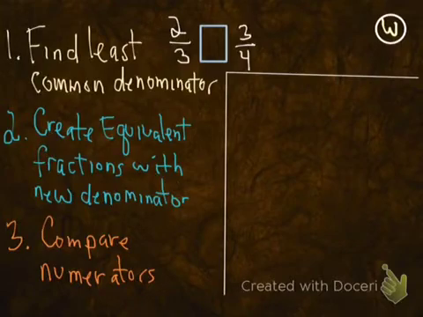Let's talk about the first step, find the least common denominator. I want to underline the LCD, because you'll often see that acronym in reference to finding the least common denominator.